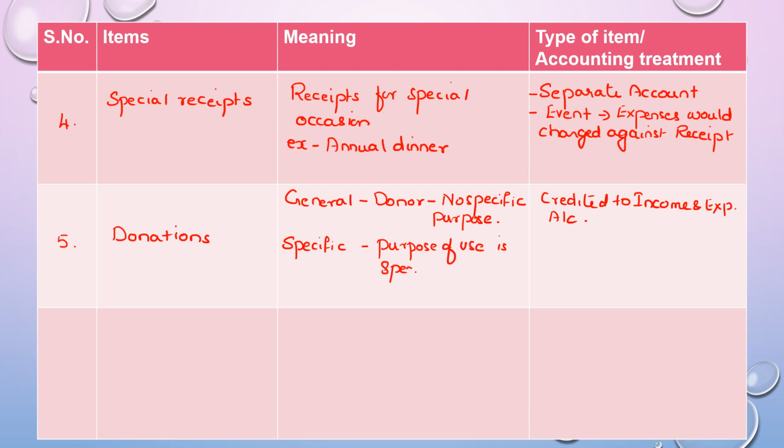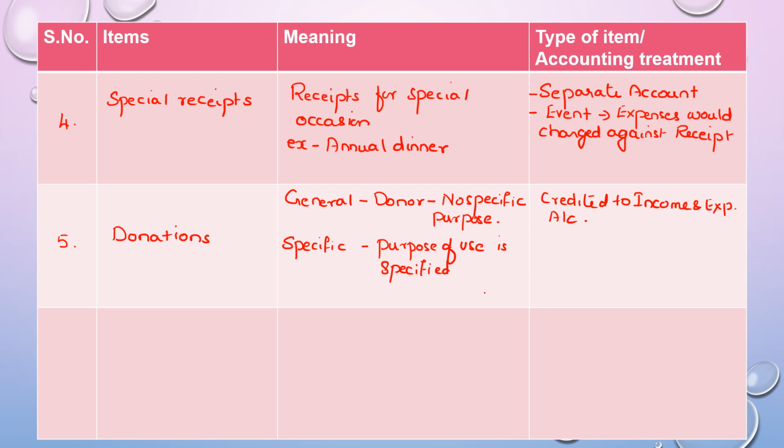So when a person is donating a certain amount to an NPO and is specifying the purpose for which it is to be utilized, that is called a specific donation. Now when this purpose has been specified, the not-for-profit organization will have to utilize it only for the purpose that it has been donated for.